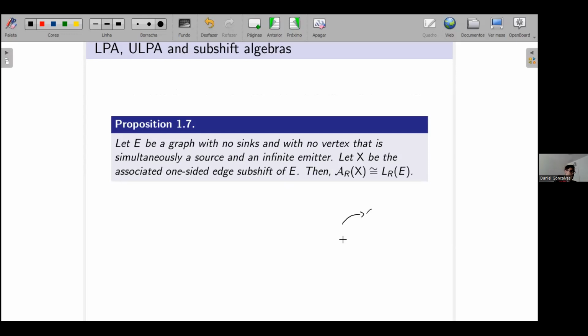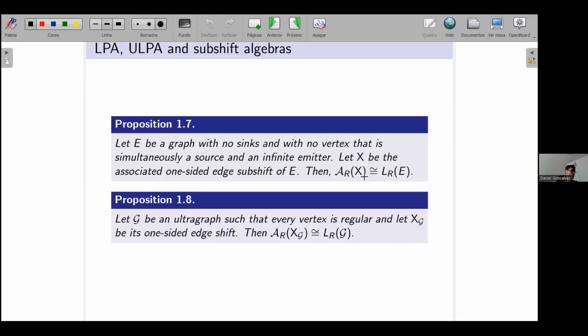If you want to see a vertex in the Leavitt path algebra, you have to see it as a follower set of something, of an edge. Now, if you have a source, then it's bad. The subshift algebra does not really like sources. So if you have a graph with no sinks and no vertex that is simultaneously a source and an infinite emitter, then our subshift algebra coincides with the Leavitt path algebra.